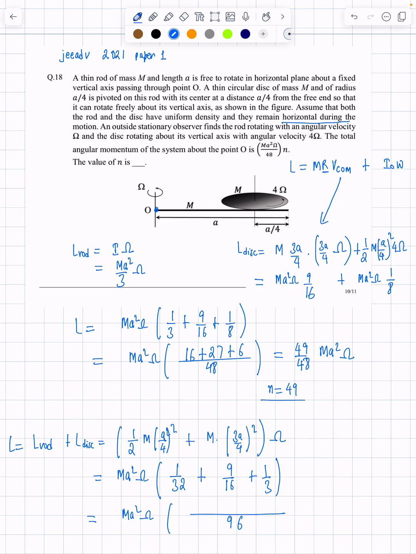So I think 96. So this is 89/96. So you can see that the angular momentum is a little smaller than the previous case, where the disk was also spinning, and it makes sense.